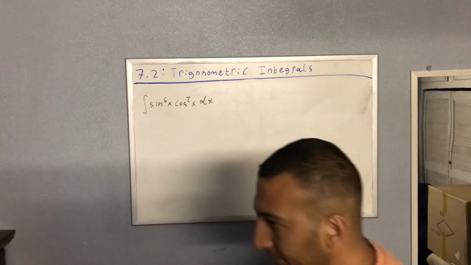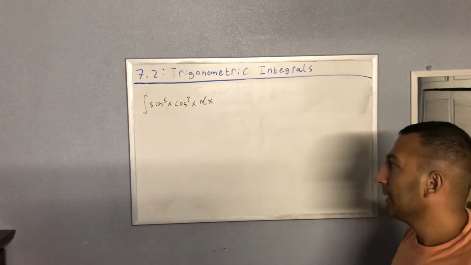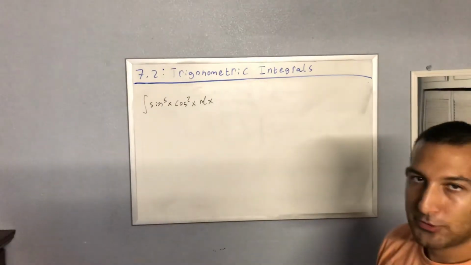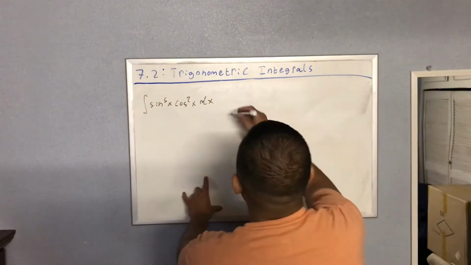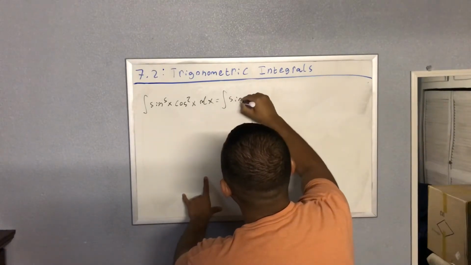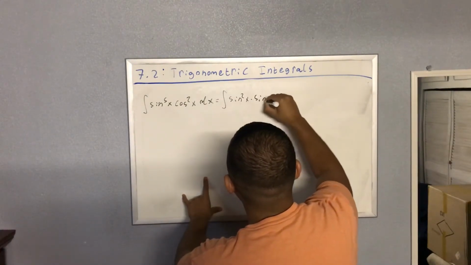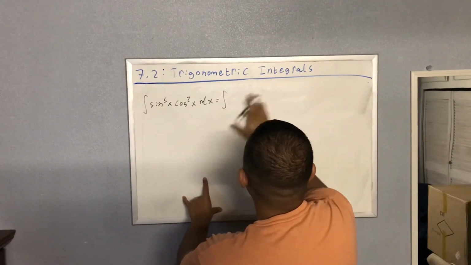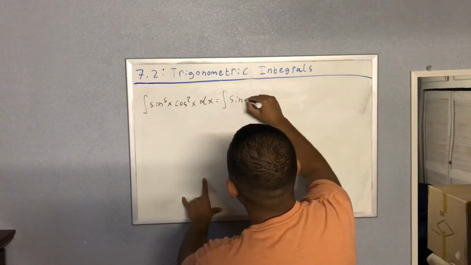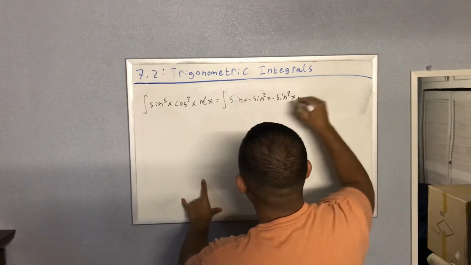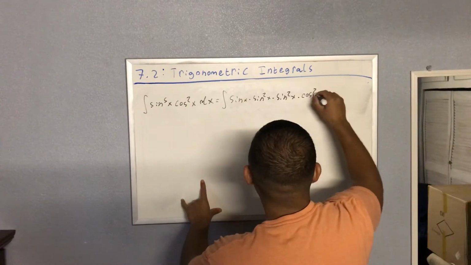Now again, we're going to want to exploit some of the trigonometric identities. But first, we're going to write the sine to the 5th as sine squared times sine squared. Or I'll put sine first: sine x times sine squared times sine squared times the cosine squared.